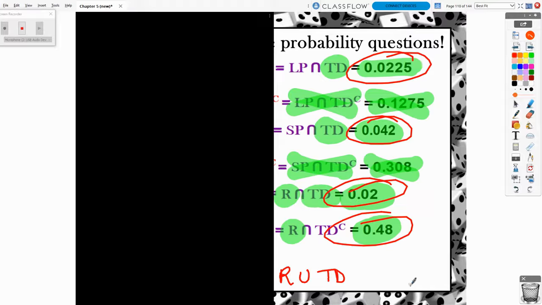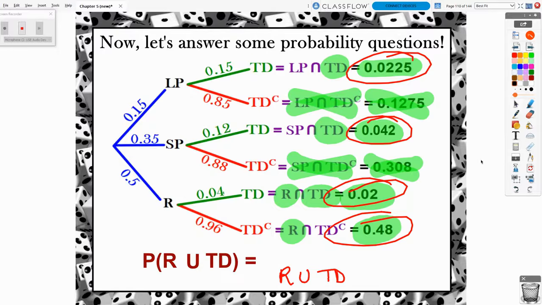All of these end branch probabilities are naturally disjoint events from each other. You cannot do any two of these events at the same time. So at this point, you are free to add together all of those probabilities. I already know what these two add up to be. That's 50%. And let's see, what do these add up to be? That's 0.0645, right? Yeah.